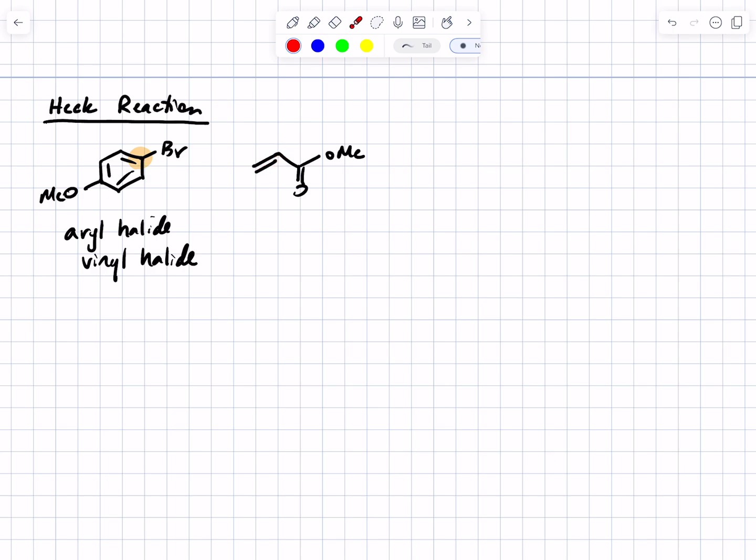The alkene is usually mono-substituted, doesn't have to be. Most of the examples from your text, it is. The other thing is it's usually the terminal carbon of the alkene that gets functionalized, but not always. It can be the other one too, so you just sort of have to watch for that. If you're predicting products, certainly it's more reasonable to couple this atom, but if you're looking at products and saying which of these is the correct product for a Heck reaction, you may have to try to anticipate either of the two carbons being involved.